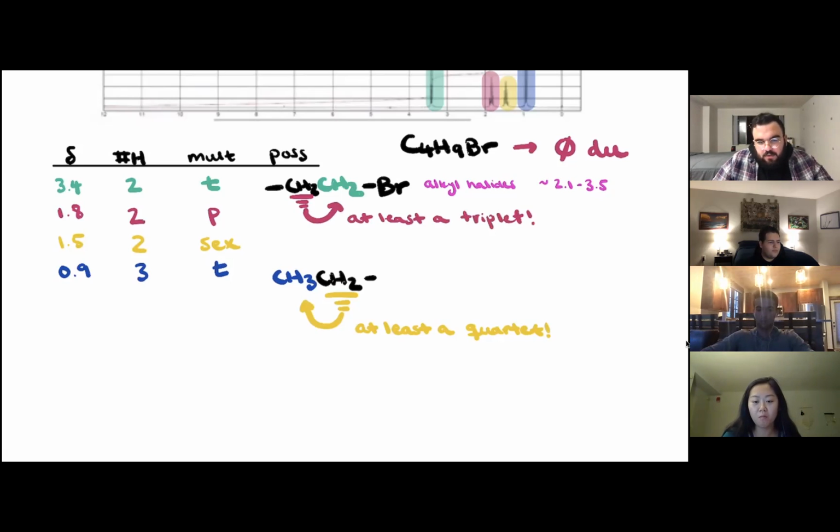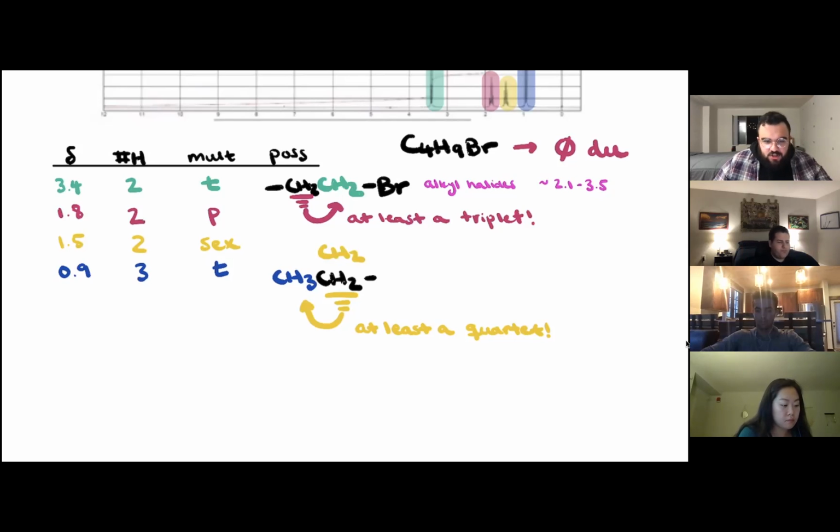So I want to keep going and see what possibilities I can have with this. Well, you see this peak, that's a sextet over here. So it'll be a CH2 that I know has 5 neighbors. A really good way to have 5 neighbors would be to have a CH3 on one side and a CH2 on the other side.